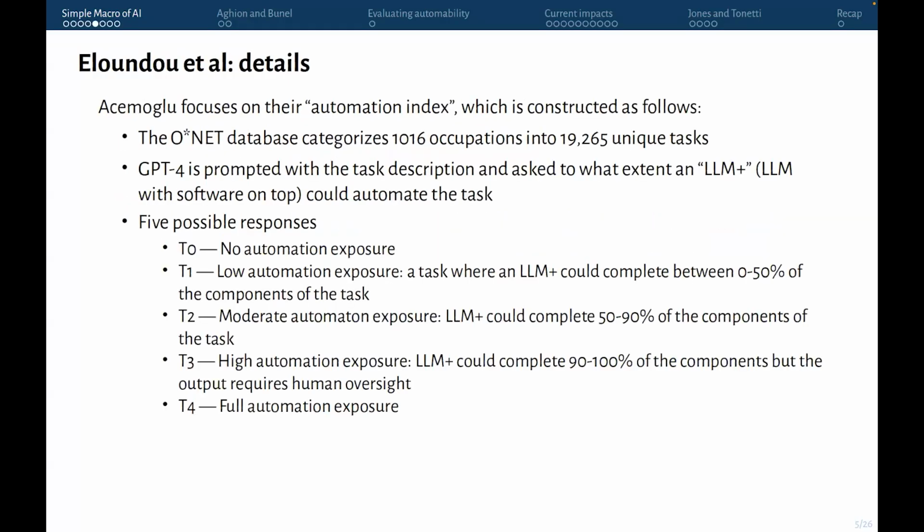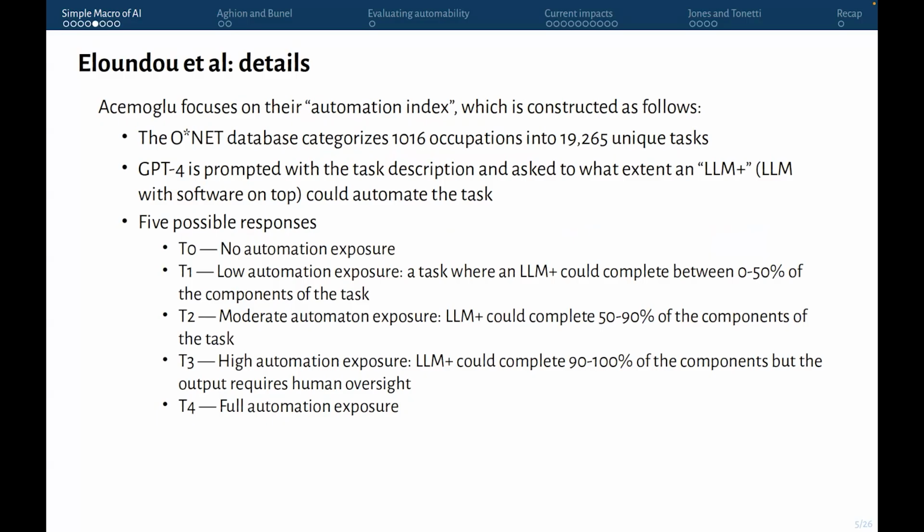Okay, so this Eloundou et al. paper, Acemoglu was focused on their automation index. It's important to keep in mind this is not their main index that they report in the body of the paper. The main index in the body of the paper is what's called an overall exposure index.